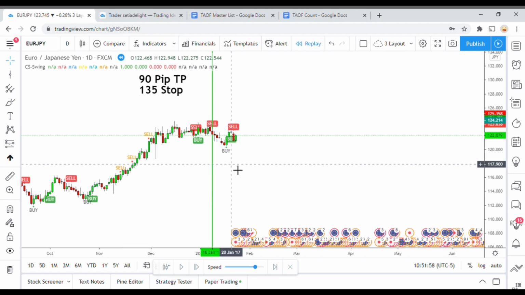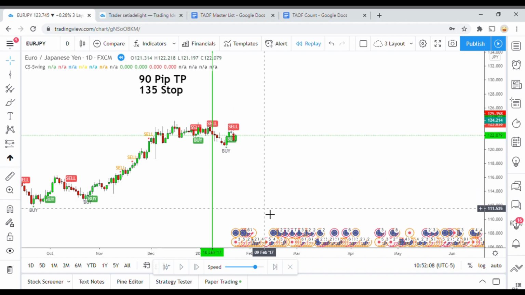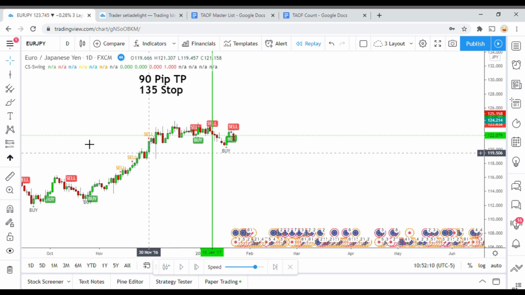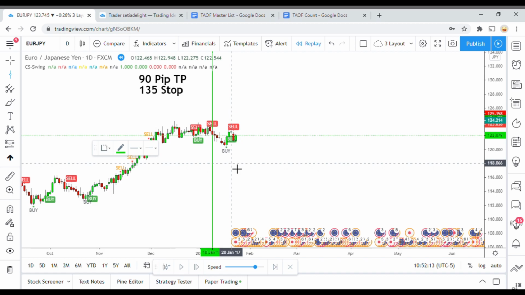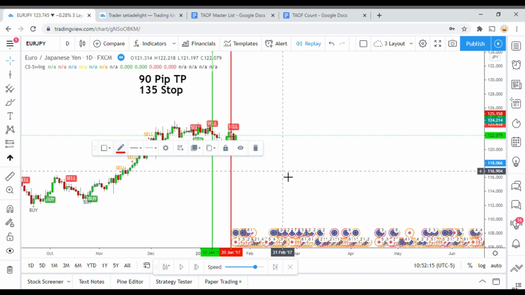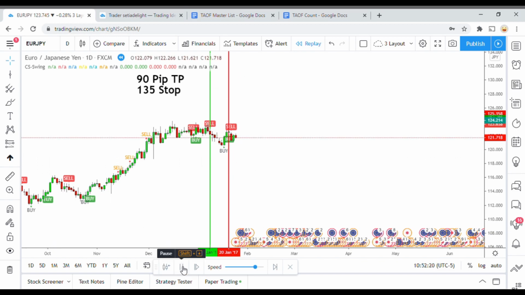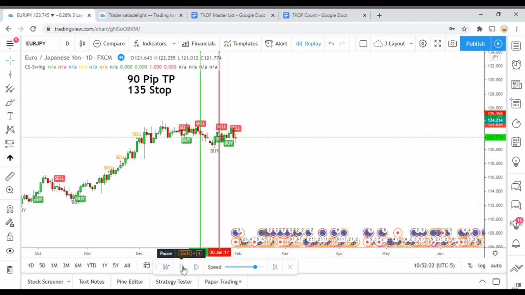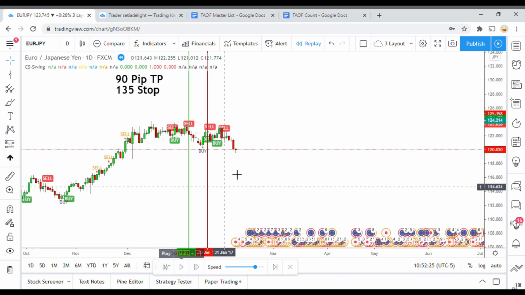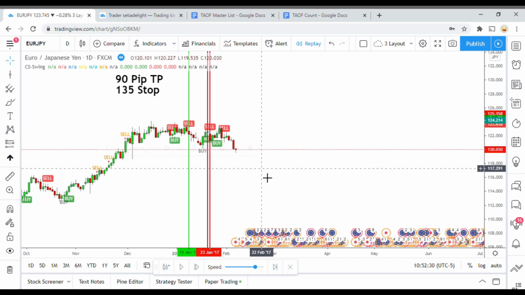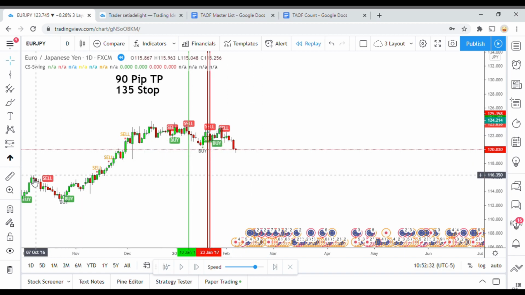Ooh, interesting. So looks like this indicator might be repainting. Let's go ahead and play it forward a little bit and see. So that was not a good signal. Then we pick up a short right there. Which was not a good signal.